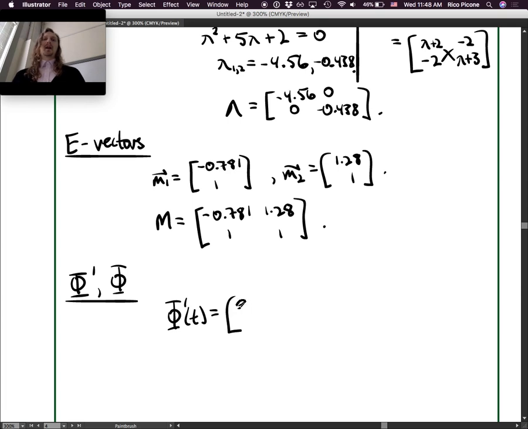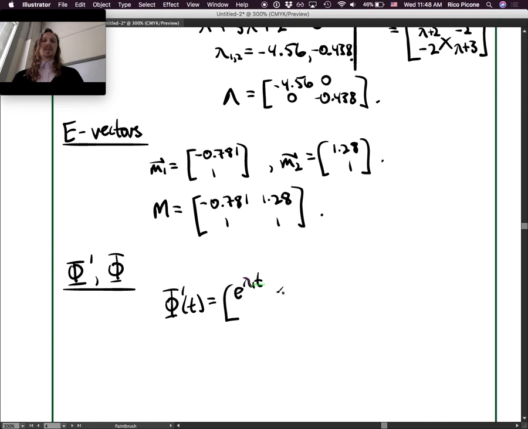What is it? Well, I'll just write e to the lambda 1t, because lambda 1 is an ugly decimal number, so I don't want to write it out. 0, 0, e to the lambda 2t. Boom.